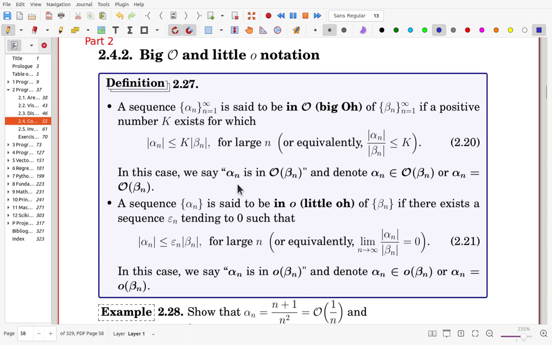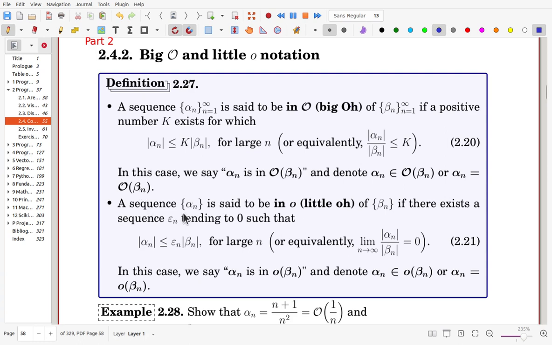In this case, we say alpha n is in big O of beta n, and we are using here the notation alpha n in big O of beta n, or we are using the equality sign, alpha n equals big O of beta n.